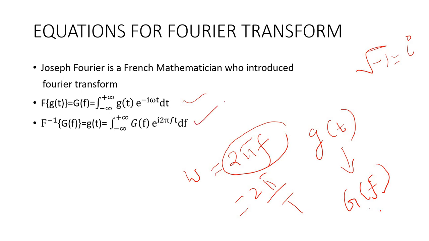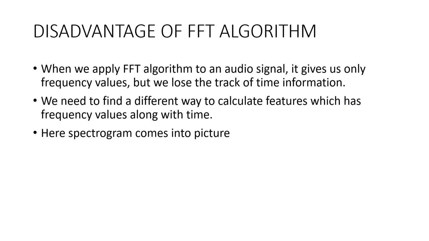Here the integration is over frequency, df. So these are two beautiful equations for Fourier transform. You can learn them. This is a very important equation, and it's really interesting to learn. That is converting from time domain to frequency domain, and again going back from frequency domain to time domain. These are all the equations for Fourier transform.